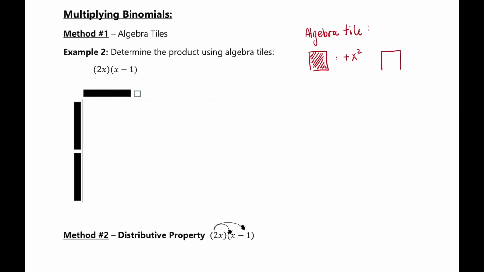And a blank square would be negative x squared. So the unshaded ones represent negative values. We have a bar like this shaded in, and this represents positive x. And a mini square filled in, this represents plus 1. And the unshaded one follows with a negative sign.